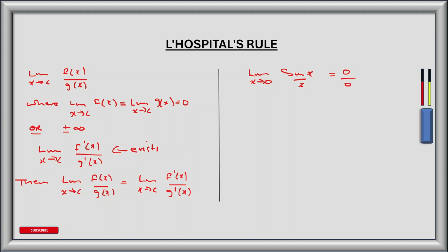So then if we apply L'Hopital's rule to this, we can say that the limit as x tends towards 0 of sine x divided by x is equal to the limit x tends towards 0 of the derivative of sine x, which is cosine x, divided by the derivative of x, which is 1. So at x is equal to 0, cosine of x is equal to 1, divided by 1, which is equal to 1. Let's look at another example.